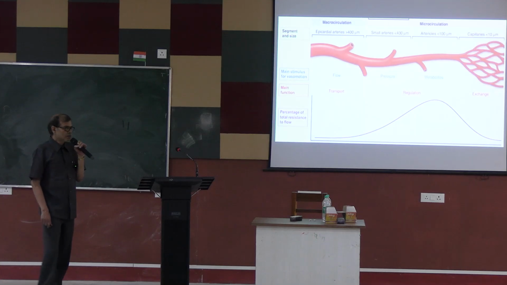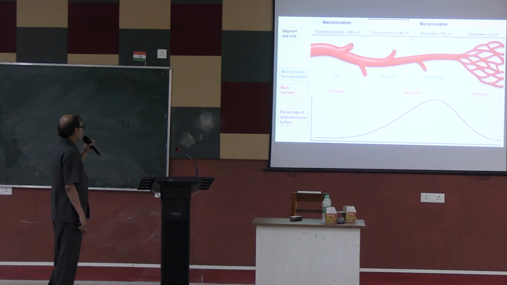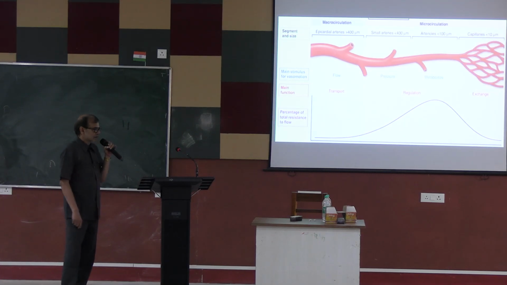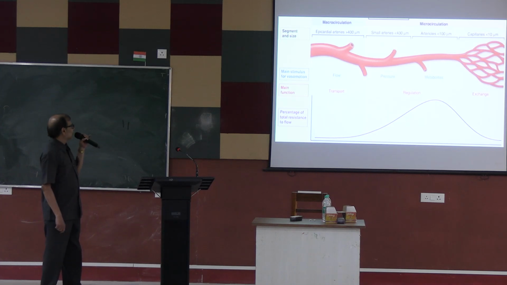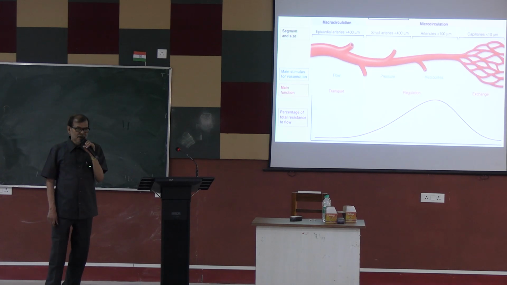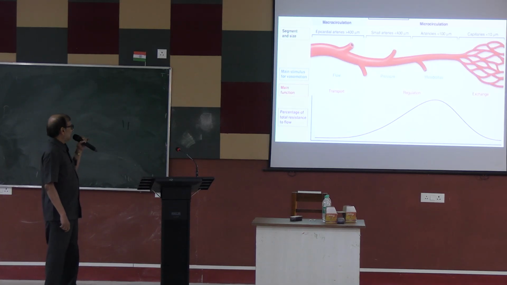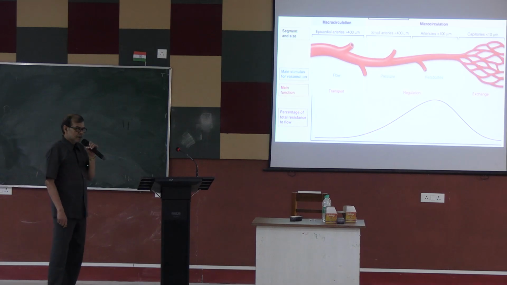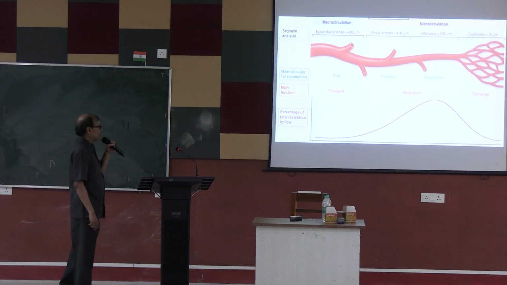Now, main stimulus for vasomotion. For the epicardial coronary arteries, it is flow. For the small arteries, it is pressure. And for the arterioles, it is the metabolites.